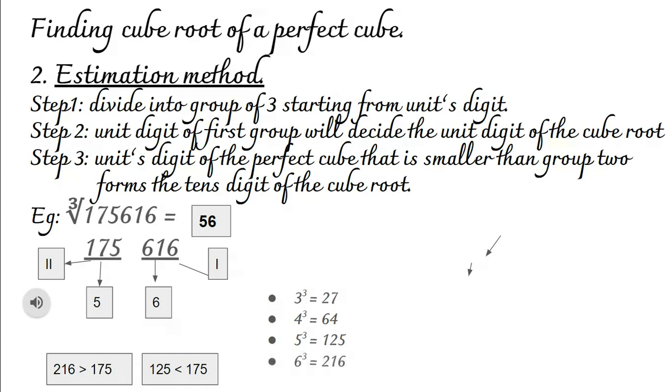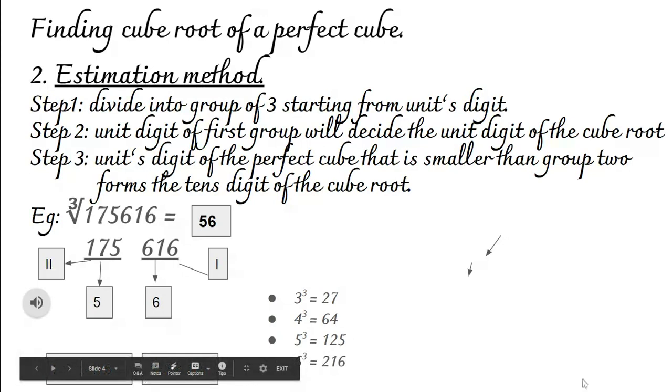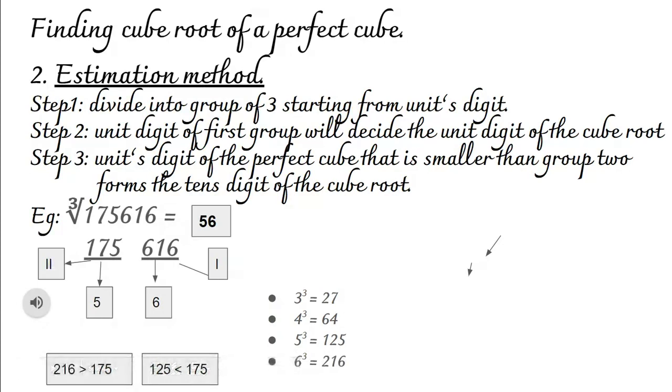Isn't it? So 216 is greater than 175, so it will not work. So what is the value which is less than 175? That is 125. Now, what is the unit digit of 125? That is 5. Then what number will come in the cube root?